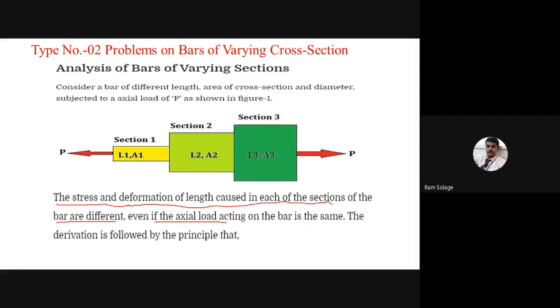The meaning of that is we are applying the same force P common for all sections. Then also stress, strain and elongation for each section should be different.